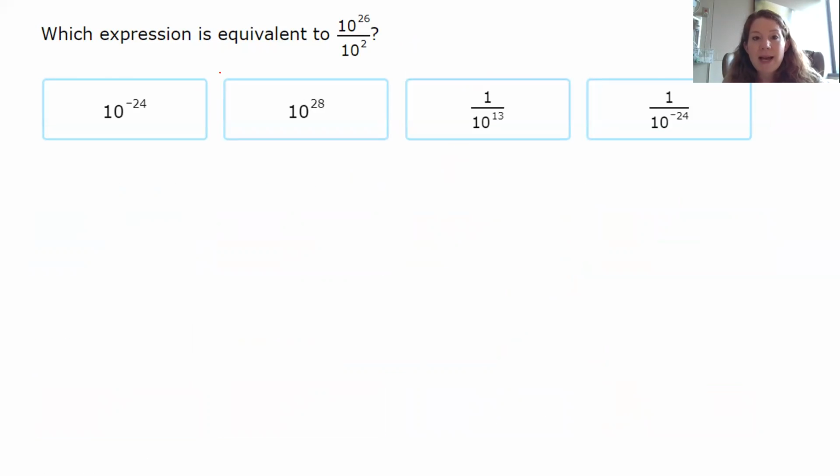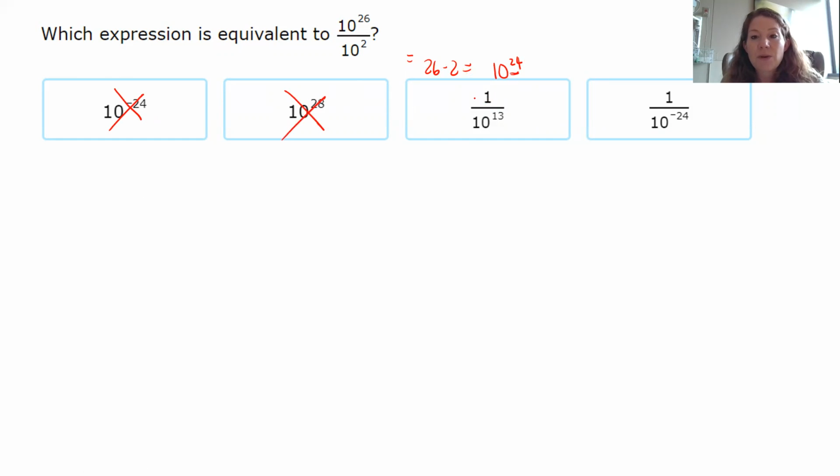All right, this problem, I have 10 to the negative 26 divided by 10 squared. So I'm going to subtract those exponents. So I'm subtracting 26 minus 2, and I get 10 to the 24th. Now, 26 minus 2 is a positive 24th. I don't have a negative 24th. So my answer is not 10 to the negative 24th. This is definitely a 24, not a 28, right?